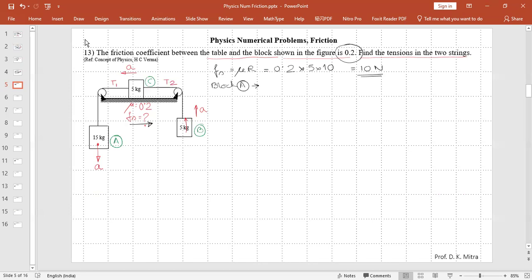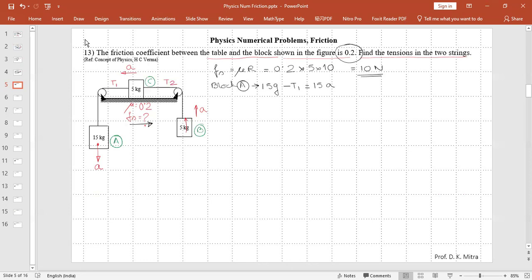What do you find? Downward force is 15G minus upward force is tension T1. This has to be equal to mass into acceleration, 15A.